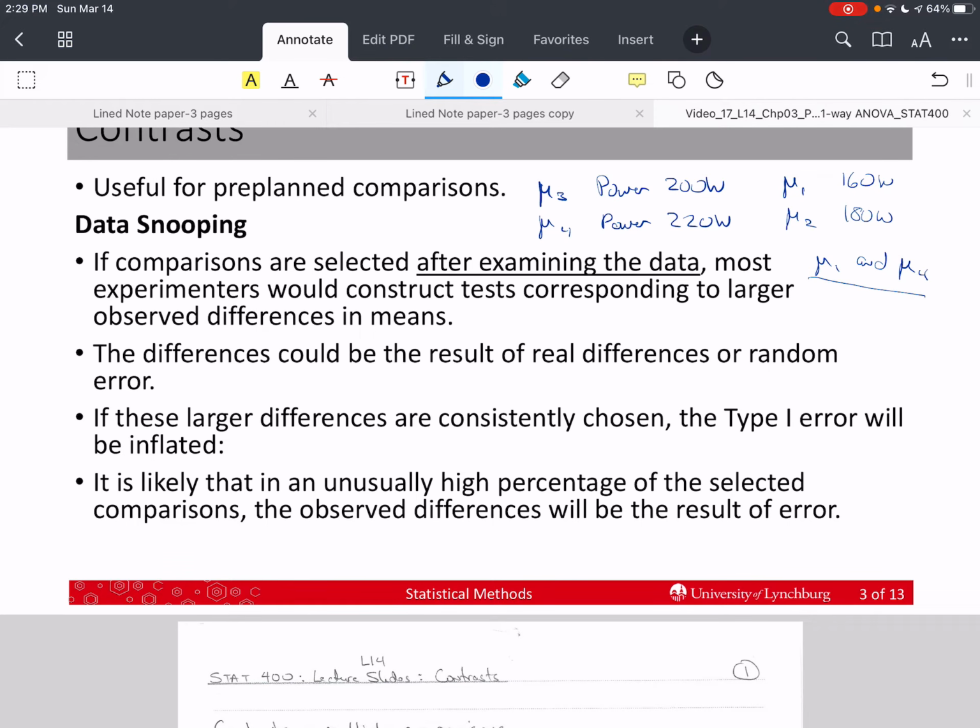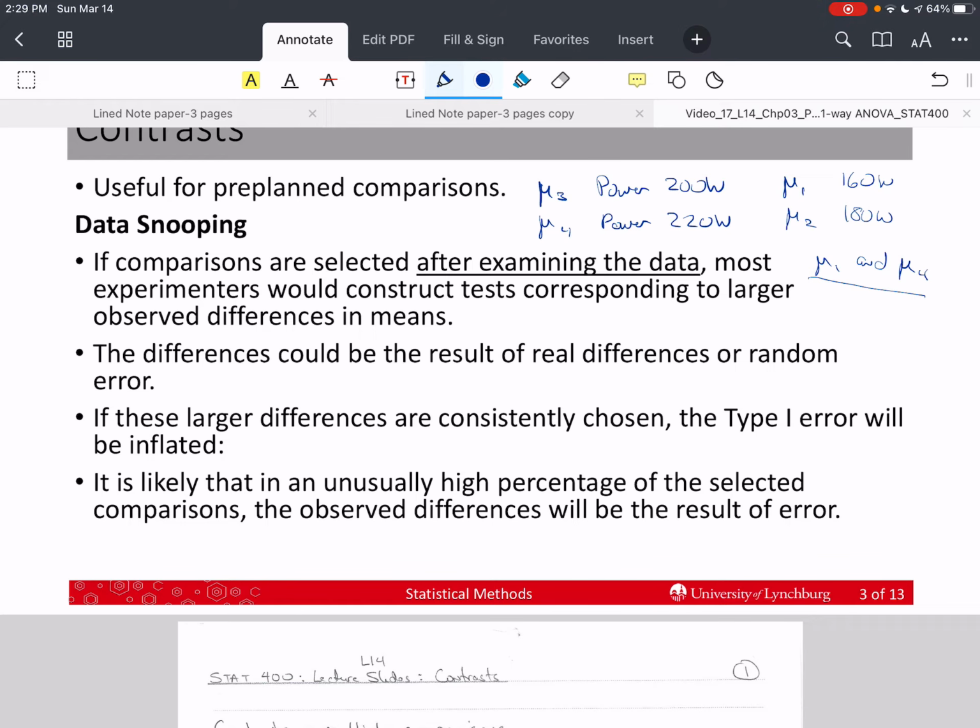And I may choose something else where there's a big difference, like 1 and 3 or 2 and 4. So I'm going to choose those bigger differences to investigate, depending on what I'm trying to do. And if I do this, not just for this experiment, but for all experiments, then in general, I will get to an experiment where maybe there's a difference between the means, but maybe they're not significant, but I can't tell that until I run these tests.